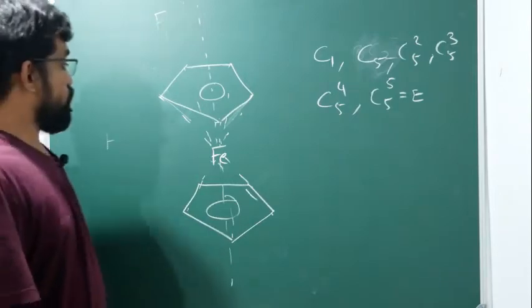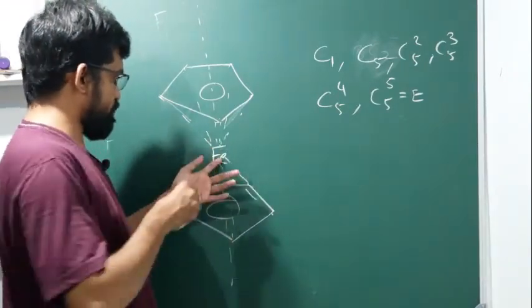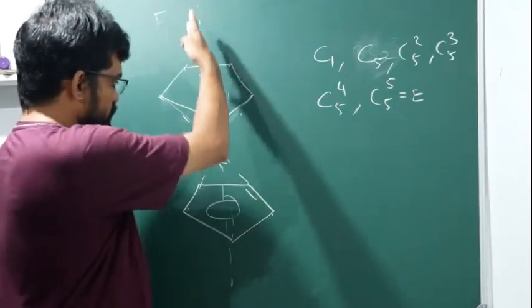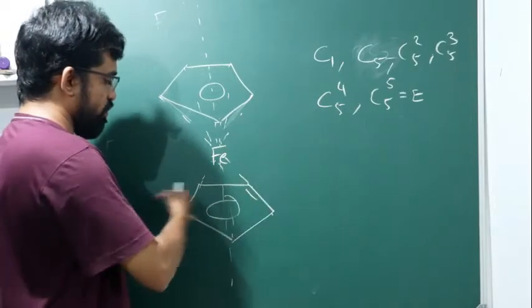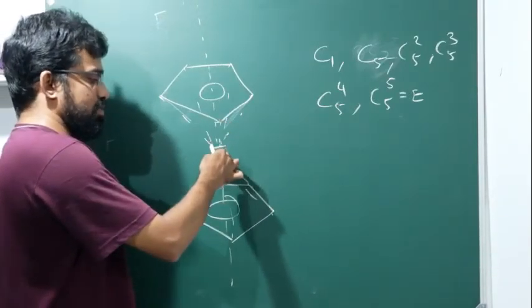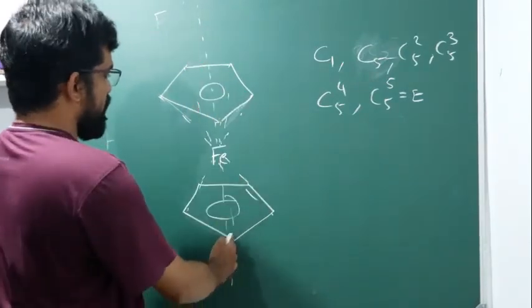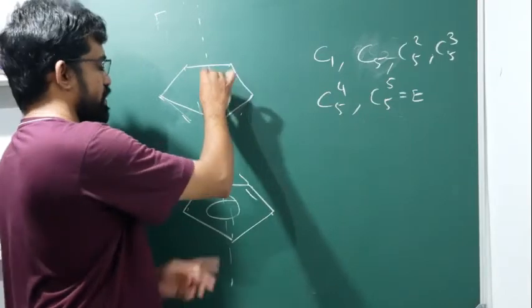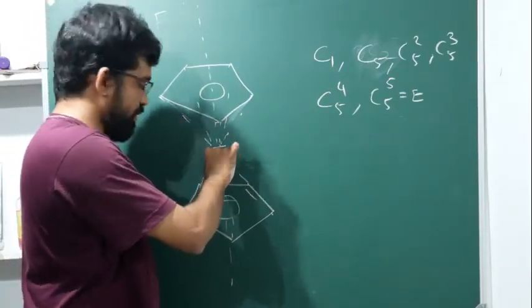Now there are C2s which pass through this direction, along the middle, and you can say along the sigma v. It is not cutting actually, but passes through the iron.